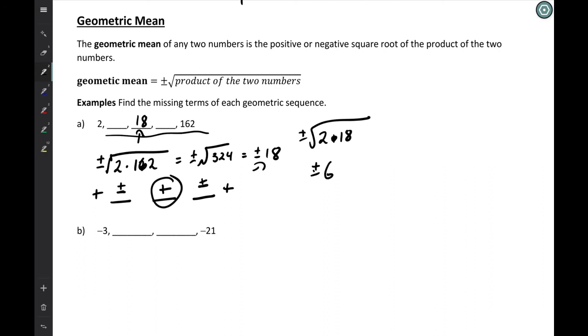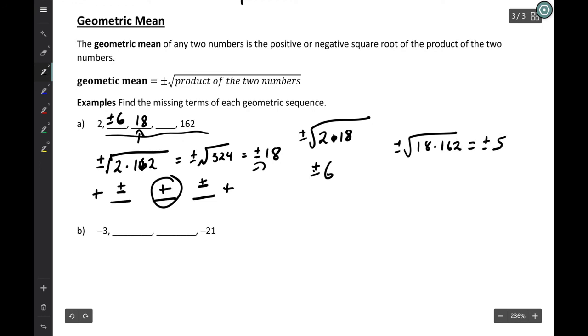And we don't know r here, so we have to account for both. So this is going to be plus or minus 6. And my last term is going to be the positive and negative square root of 18 times 162, which is clearly equal to positive and negative 54. So this is plus or minus 54 right here.